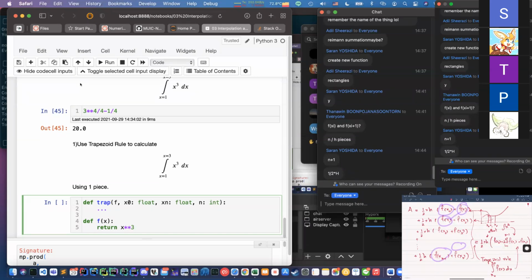And h, the way you find it, because you know that xn, the last one, is x0 plus nh, so you can revert the equation to figure out what h is. Okay, let's do that real quick. So h would be what?